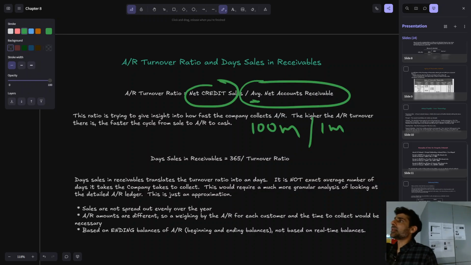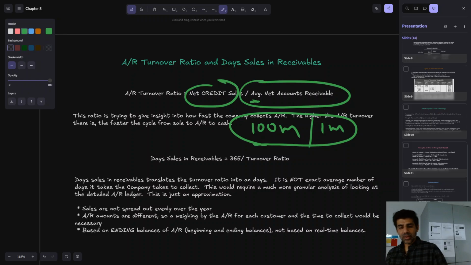That means you're collecting the cash very fast because look how low your accounts receivable balance is compared to the total credit sales. It means you're generating a ton of sales and the cash cycle is really short, right? You make $1 million of sales, you collect the cash, you make $1 million of sales, and by the end of the year, or the average, you only had $1 million of receivables. Okay, so this is a very fast cash cycle.